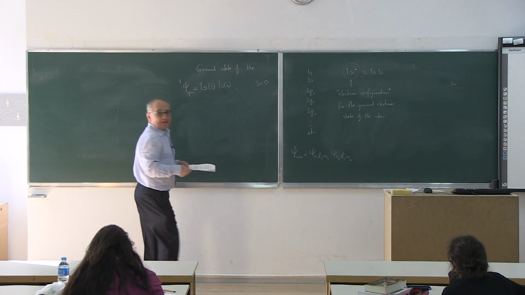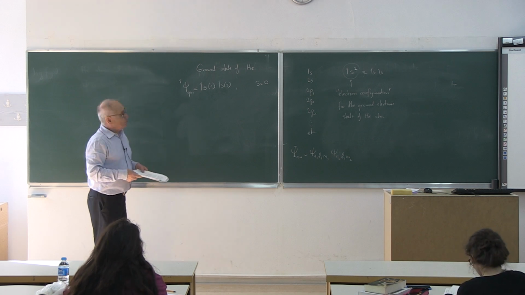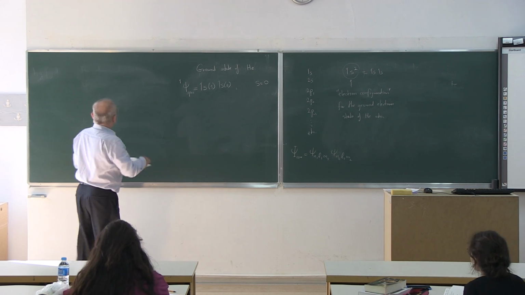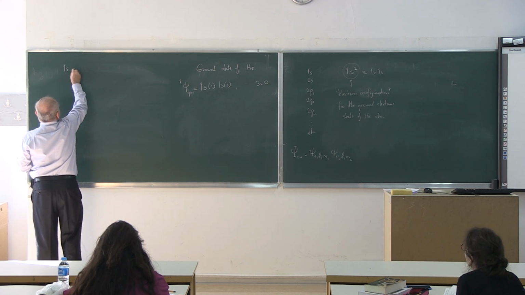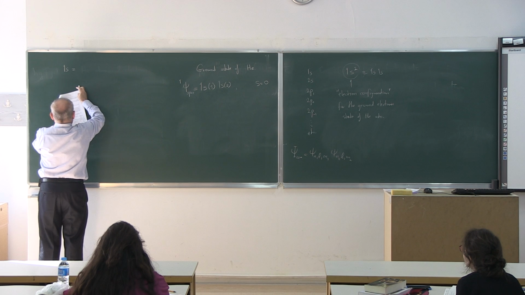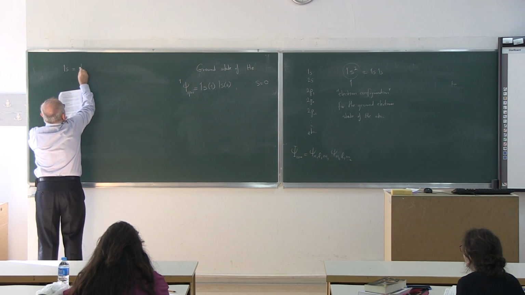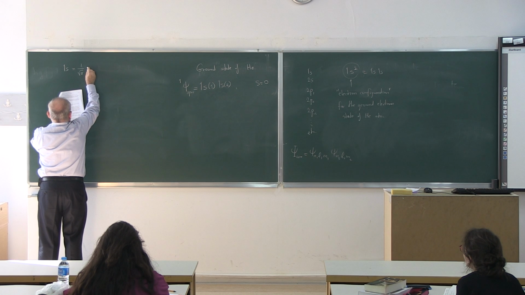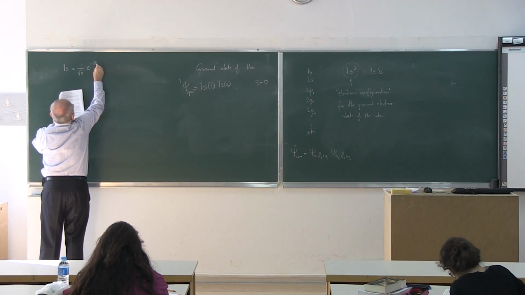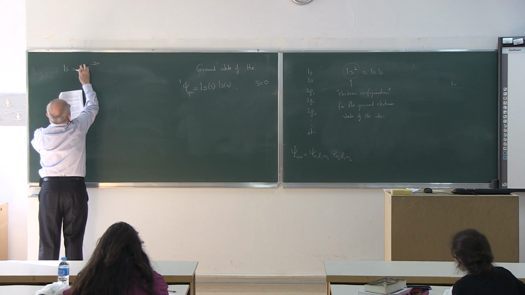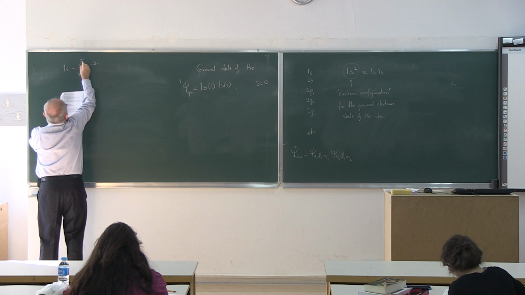Now, let me give you an example about how this is used. The 1s orbital in the hydrogen atom is 1 over square root of pi times e to the minus r. Here there is a factor Z to the 3 over 2.